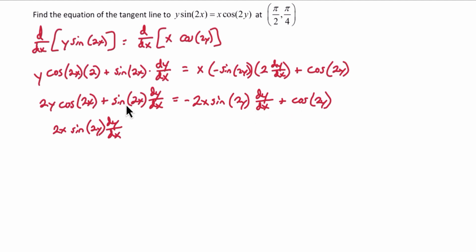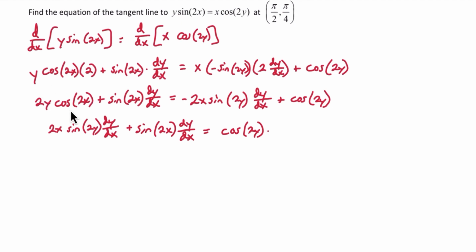And I'm just going to bring down this sine of 2x dy dx. Since it already has dy dx, we can leave it on the left side. Cosine 2y is good on the right side because it does not contain dy dx. And then the 2y cosine 2x we need to subtract over.